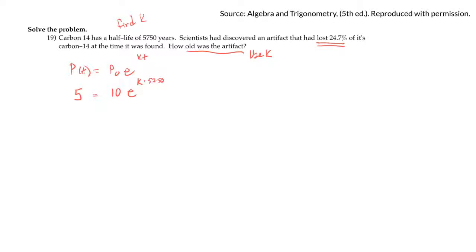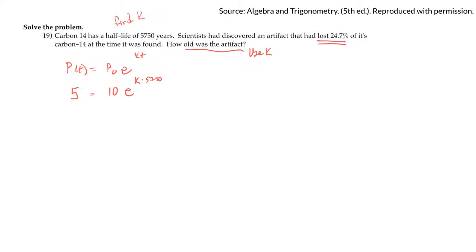So there I've got an exponential equation with a variable in the exponent that I need to solve for. I need to first isolate this term, so I'll divide both sides by 10. On the left-hand side, of course, I'll get 0.5 equals e to the k times 5750.